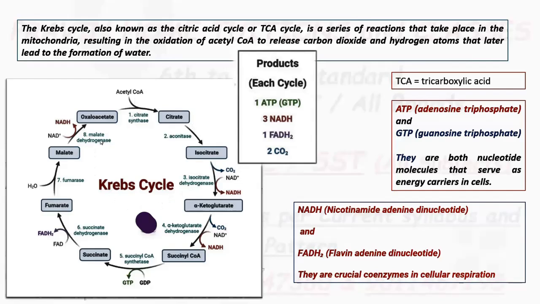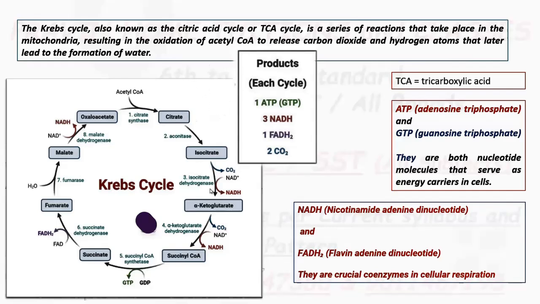And the process continues. That is the oxidation of acetyl coenzyme A. So this is the Krebs cycle. Krebs cycle is the oxidation of acetyl coenzyme A to release energy and to release carbon dioxide and hydrogen. Later it is converted into water.